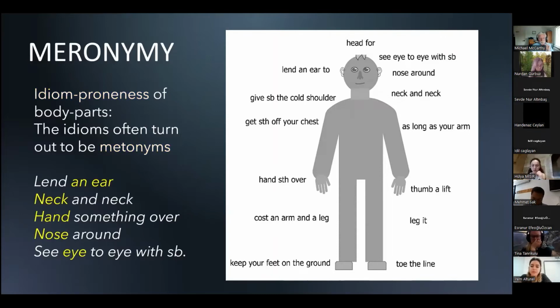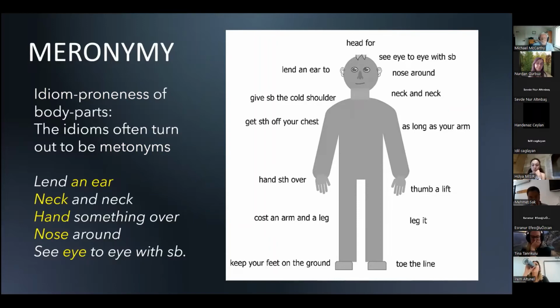And there they are, one ear, the neck, the hand, the nose, the eye, all representing something very big. And remember, our first definition of metonym is that it is a choice of a particular quality or feature of something.